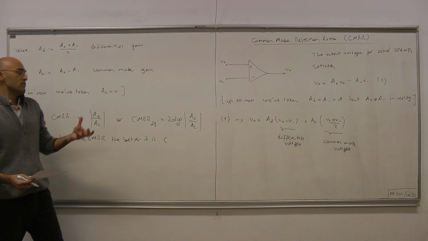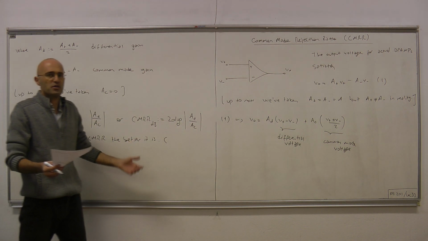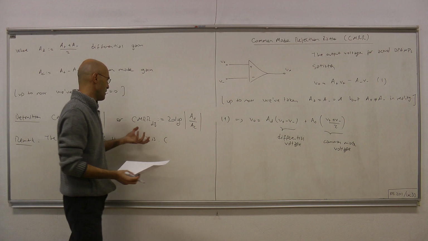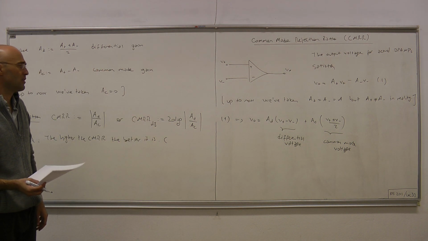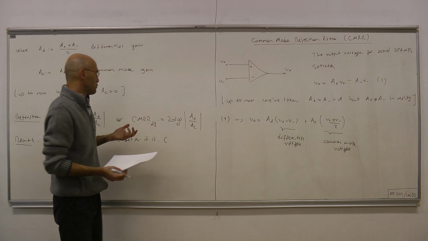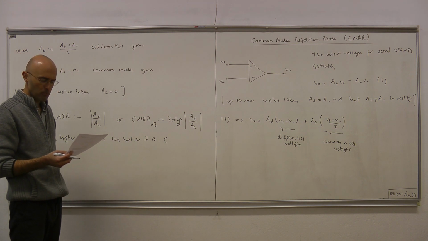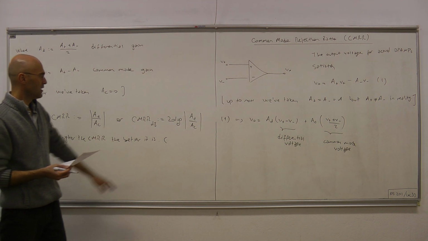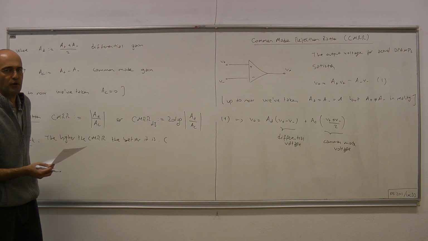Now, of course, you cannot work with a very high common mode rejection ratio. Well, for some applications you may, but because the higher it gets, usually the device gets more and more expensive. So we have to figure out what's the least common mode rejection ratio that's good for your application. Okay, and for most applications, larger than 70 decibels works pretty fine.